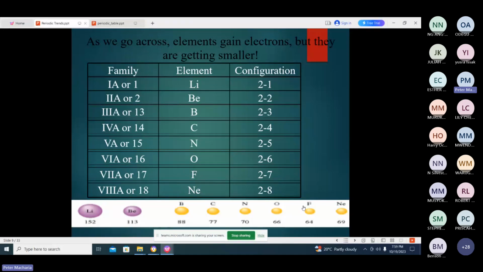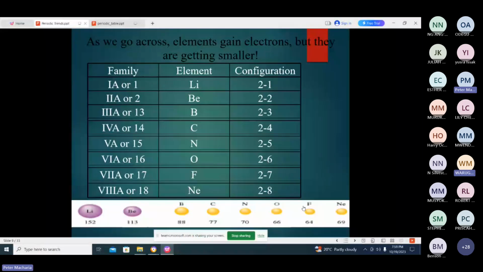So those elements in group 1 and 2, all elements, let me put it this way, all elements usually try to achieve a full outermost electronic configuration. And how can they achieve a full outermost electronic configuration?